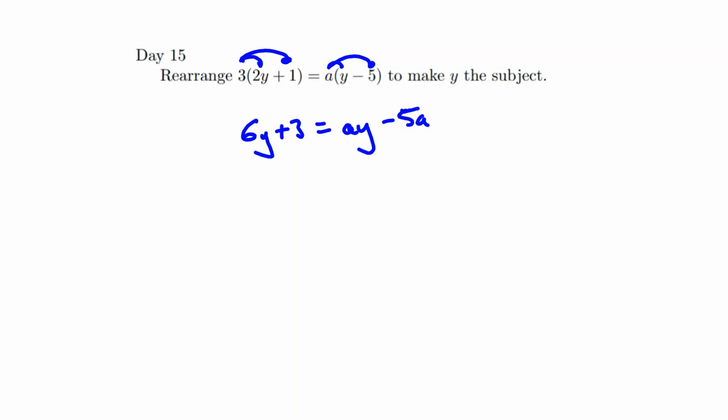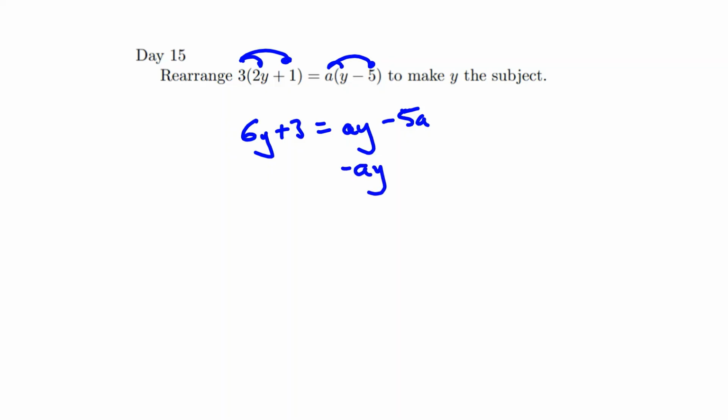So now we're at a point where we've got y's on both sides. So we need to rearrange our equation to get all the y's on one side and all the other stuff on the other. Now, in this one, it doesn't actually matter if the y is over to the right-hand side or the left-hand side. So as we've got a 6y on the left, let's just get the y's over to that side.